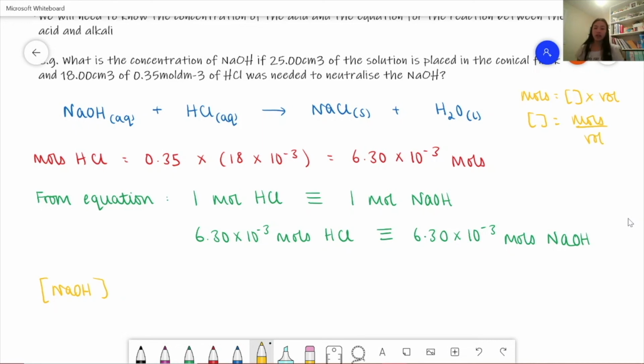And so we have that the concentration of sodium hydroxide is equal to 6.30 times 10 to the minus 3 divided by the volume, which is our 25 centimeters cubed. And so we have to convert this to decimeters cubed again. So we have 25.00 times 10 to the minus 3 because we have to divide it by 1,000. And so this gives us 0.25 moles per decimeters cubed.